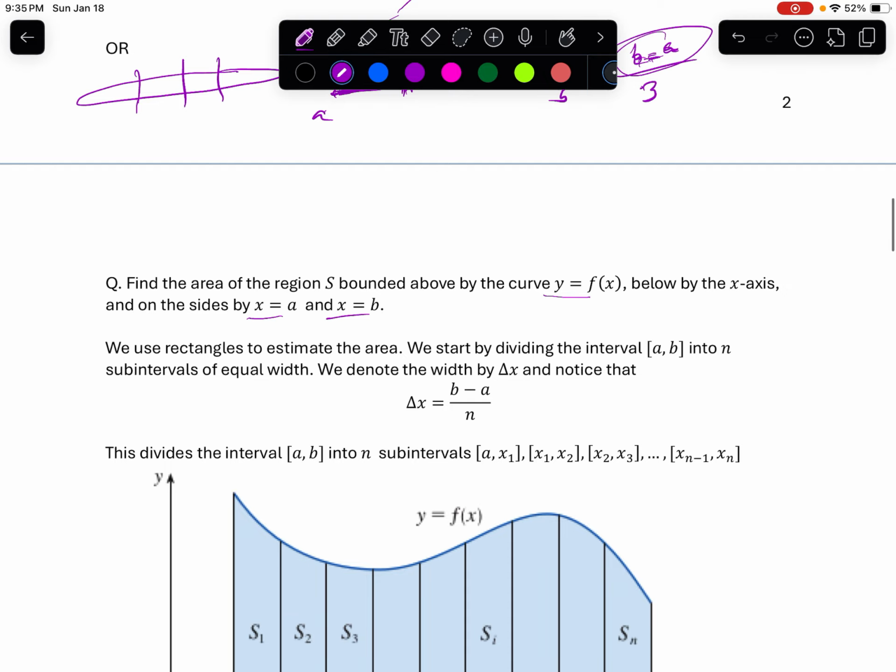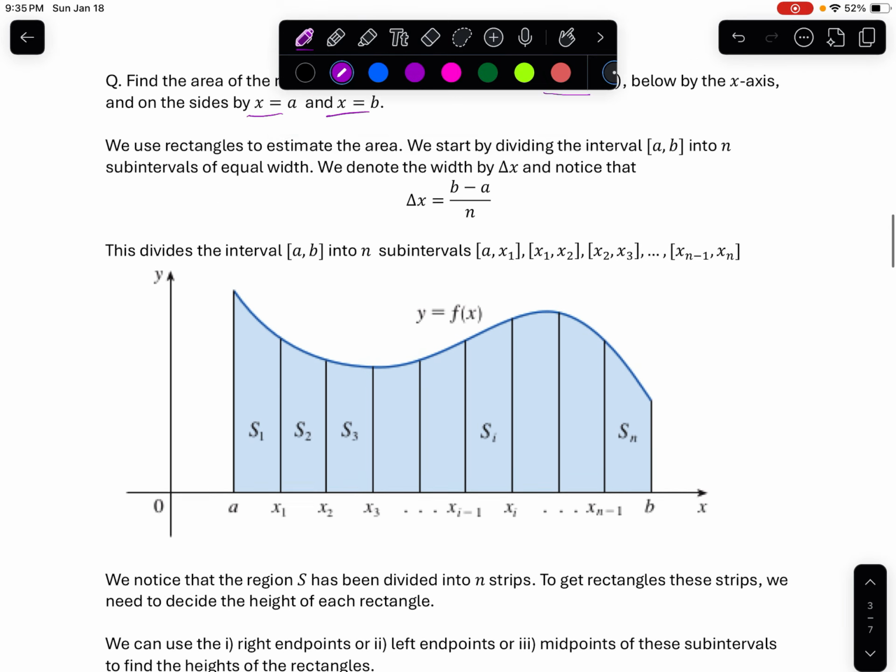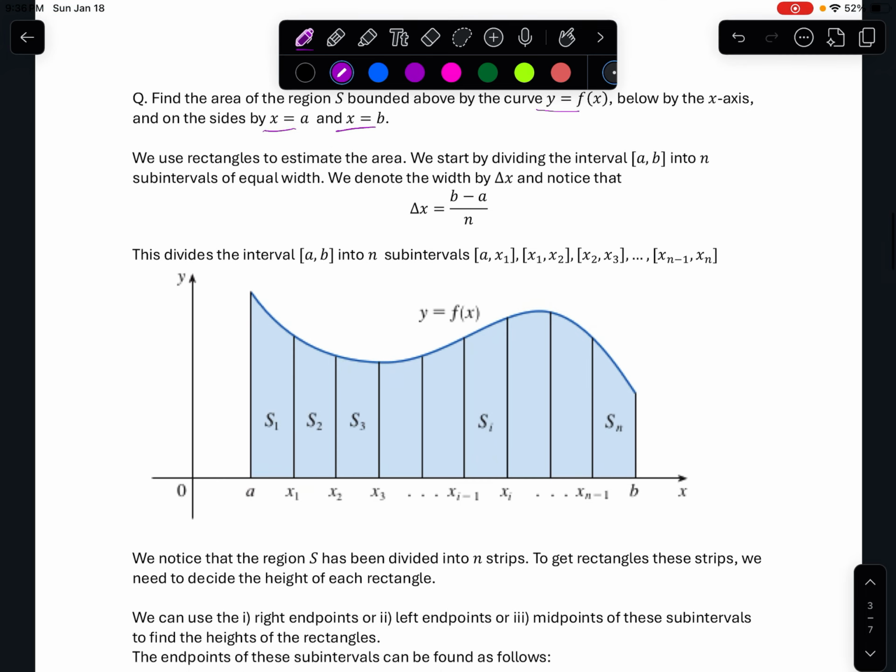So this is what we do. We have our figure, and we find the width of every rectangle. We call it delta x, change in x if you recall. We denote by delta x the width of the rectangle, and we calculate it as b minus a over n.